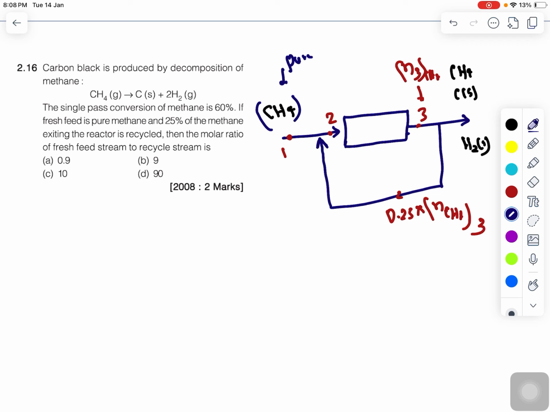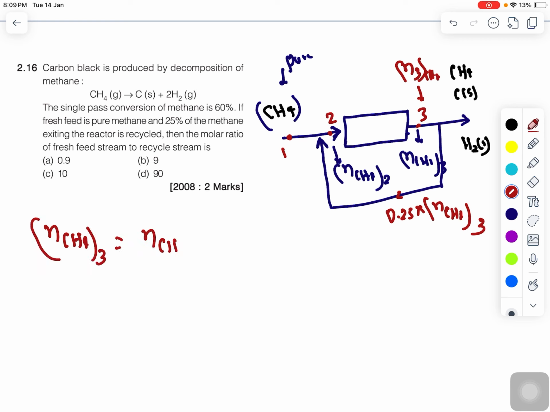So what is single pass conversion? Let's say the number of moles of CH4 at point 2 and the number of moles of CH4 at point 3. The number of moles of CH4 at point 3 will equal the number of moles of CH4 at point 2 multiplied with 1 minus 0.60.